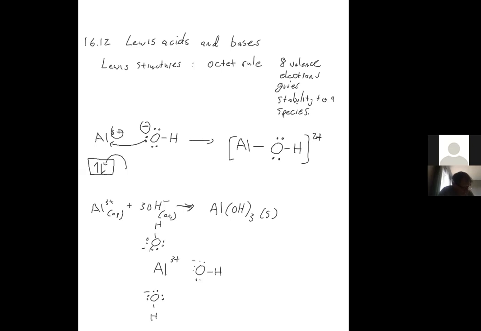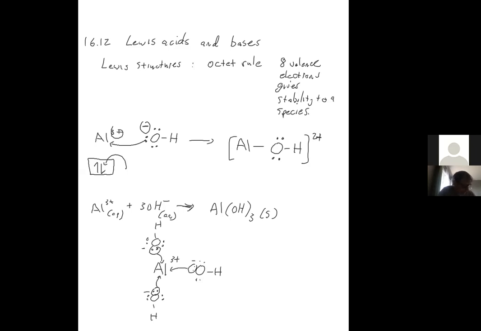So there's an electron pair forming a bond to the aluminum, another electron pair forming a bond to the aluminum, and another electron pair forming a bond to aluminum. So notice this is all about bond formation, right? We're forming chemical bonds. And that may not seem connected to acid-base chemistry, but it turns out it is.